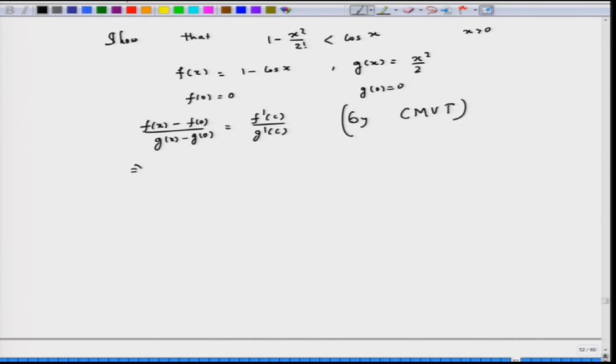Now, this implies that with f of x being 1 minus cos x, f of 0 being 0, and g of x being x square by 2, this is equal to sin c by c.